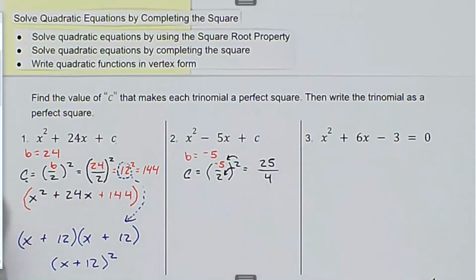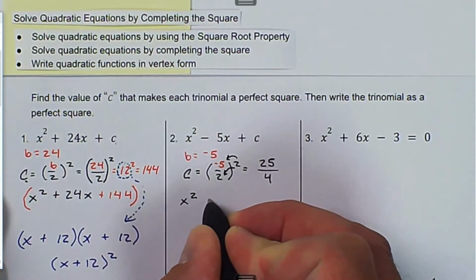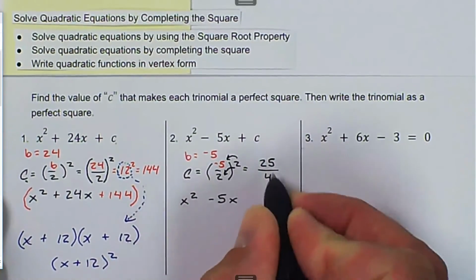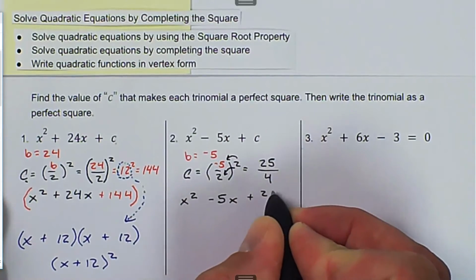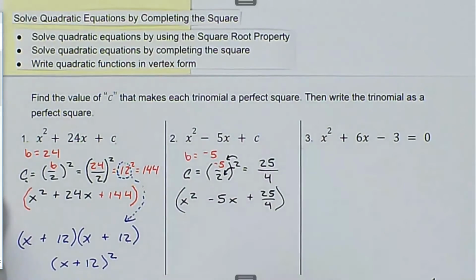So that is going to be the c value that we have to add in. So we have x squared minus 5x plus 25 over 4, and that is our trinomial. That is a perfect square.